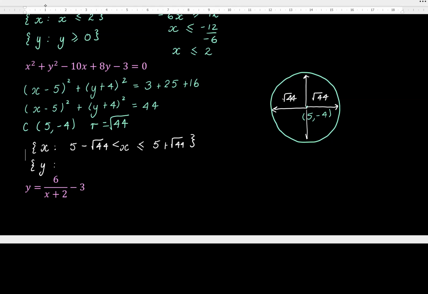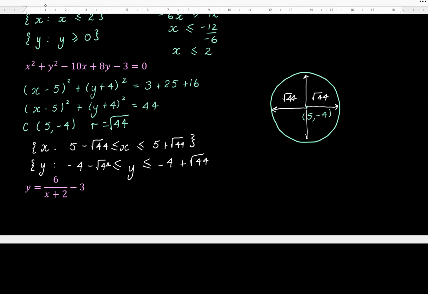So we've got minus 4 plus root 44. And I'm just realizing now that really we should simplify that. So take root 44.